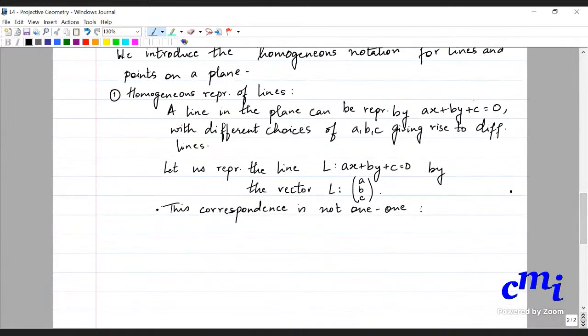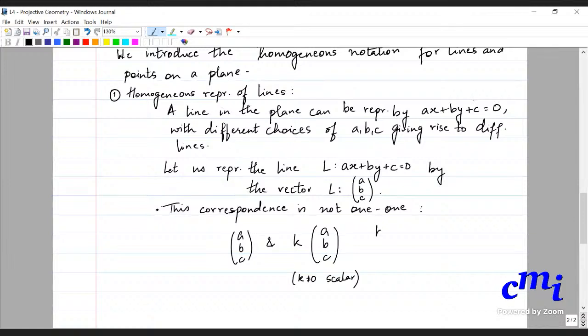Why is this correspondence not 1-1? Because if you look at abc and any scalar k times abc, where k is a non-zero scalar, these two represent the same line in the plane.